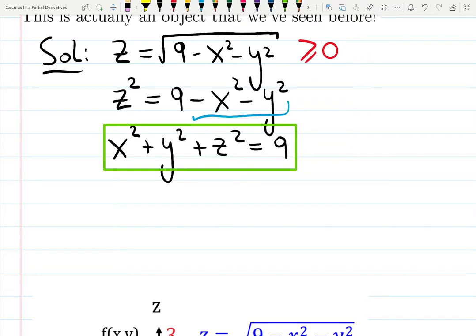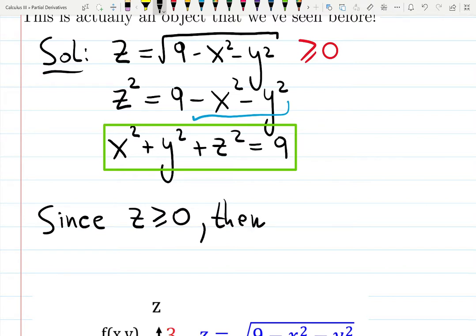Z is only positive or 0, so it's already not a sphere. A sphere goes up and down. So before squaring, you always have to make a note. Don't forget, before you squared, it was important. So since z can be positive or 0 only, then the graph is actually, how would you call it?